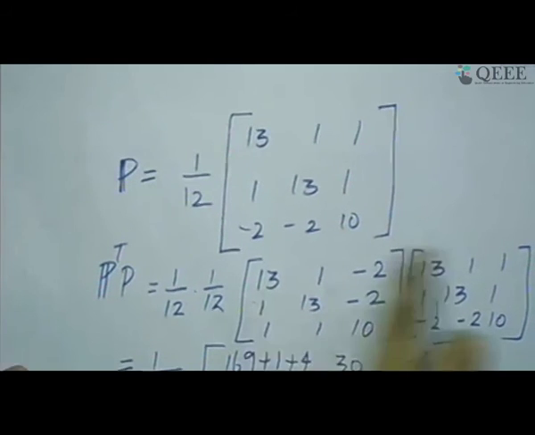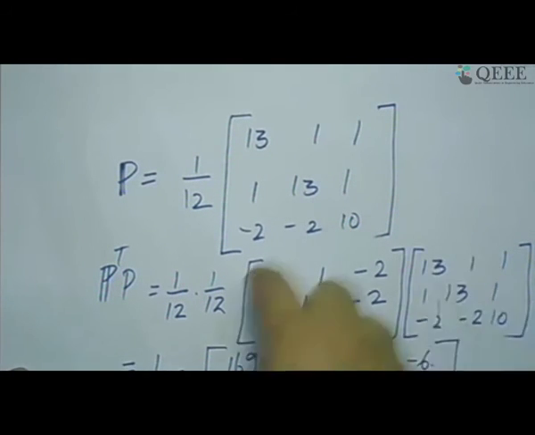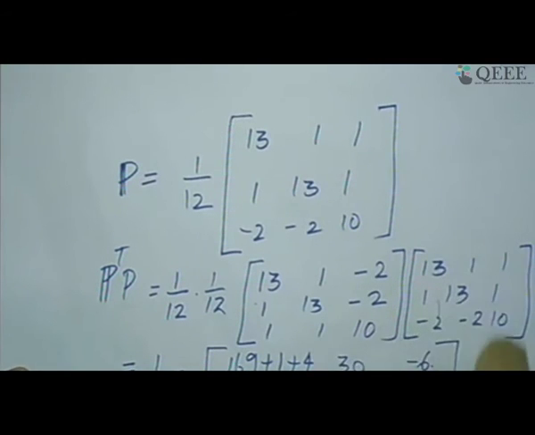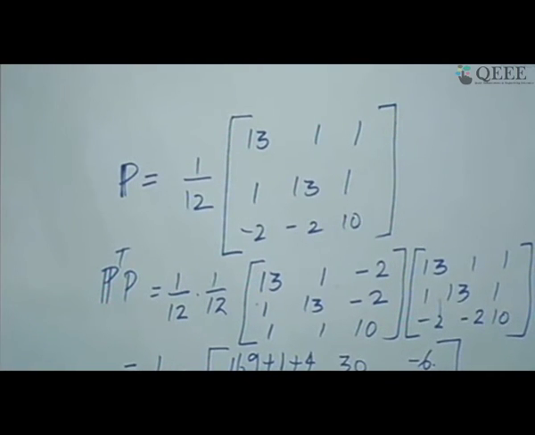In the other one also, 13 into 1 and 1 into 13, that is 26, minus 2 minus 2, 4, so 26 plus 4 is 30, and so on. So this will be minus 20, and 13 plus 1 is 14, so that is minus 6, and the others are basically the same type of combinations. The last one is the only one which is different, because these are the same three numbers, and 1 1 10, so you can multiply and get 13 plus 1, 14, and minus 20, so that will be minus 6, and so on.